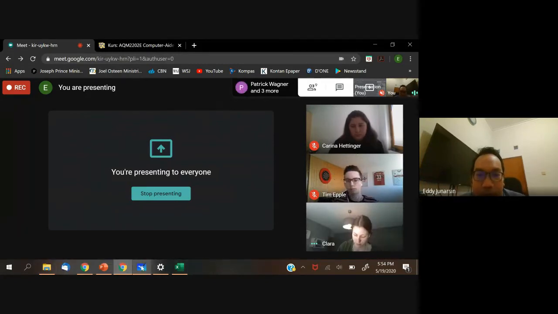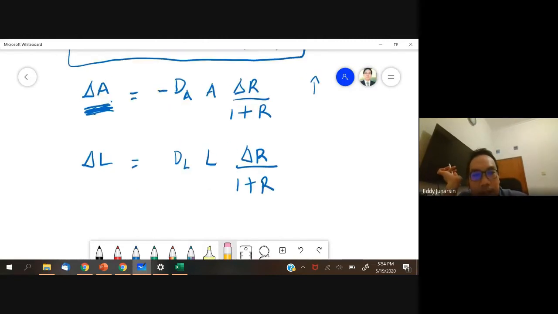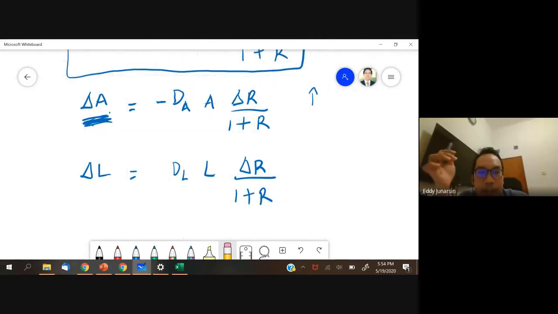But for liabilities, this would be the opposite. So obviously, we don't need this, I think. Because that's the opposite way. But still we put negative here, but see the logic that this is the opposite.